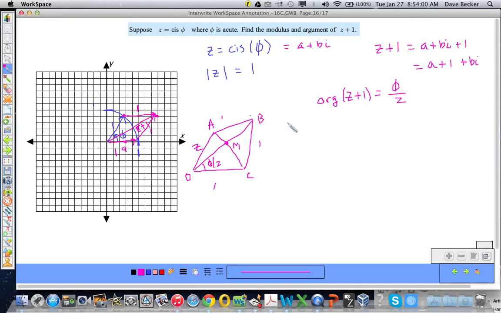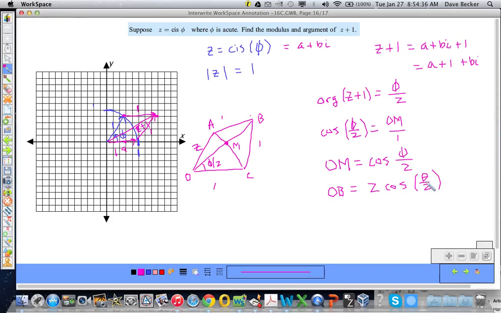And we also know that the cosine of phi over 2, by right triangle trigonometry, is equal to OM over 1. So that means that OM equals cosine of phi over 2, and so OB equals 2 cosine of phi over 2.